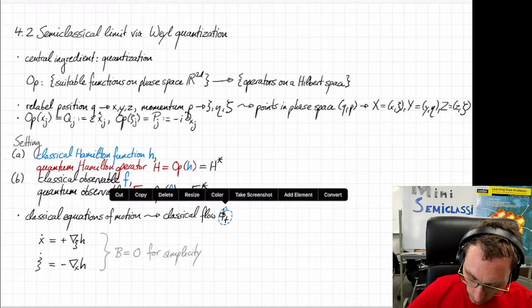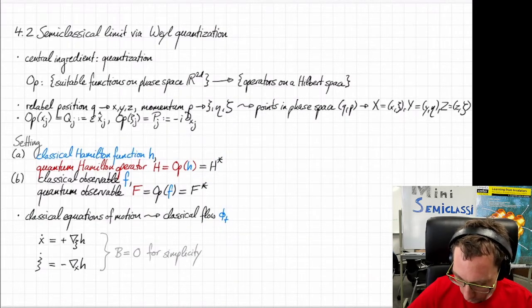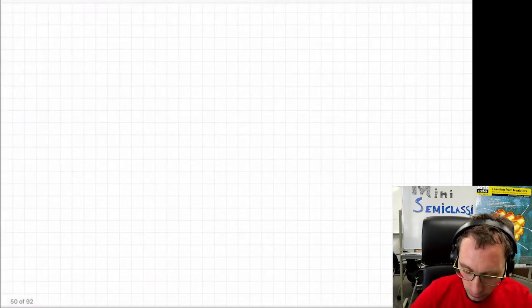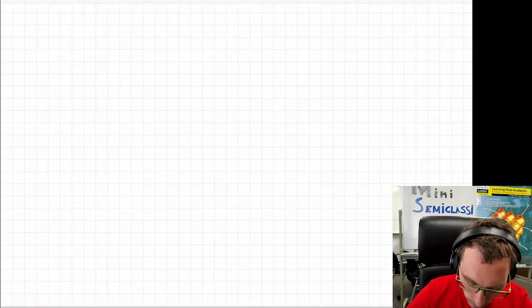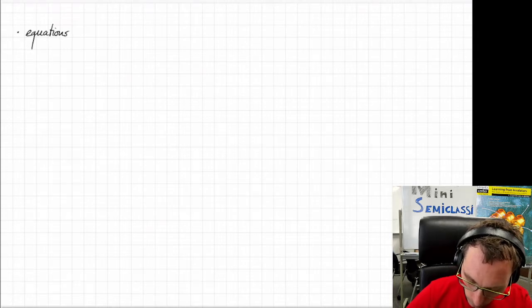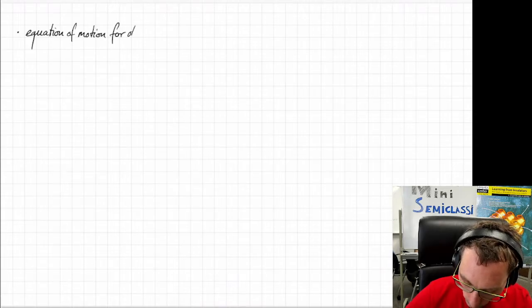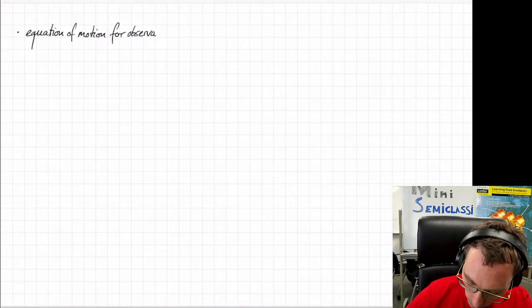And of course, this translates to an equation for observables, which is equivalent. And the equation itself looks very, very simple.